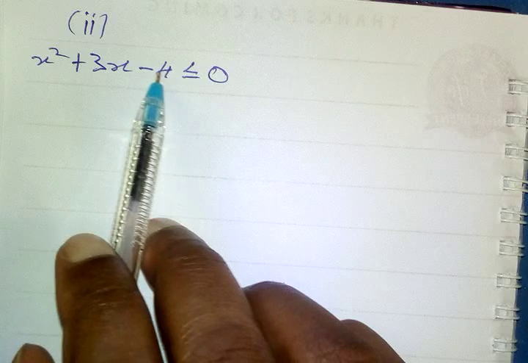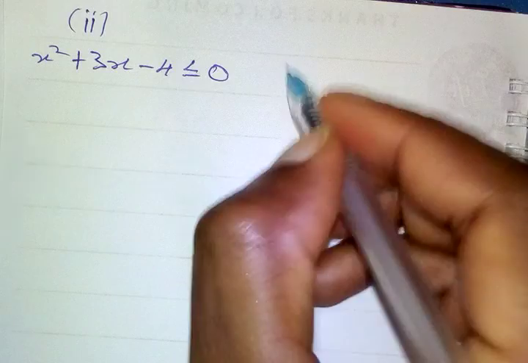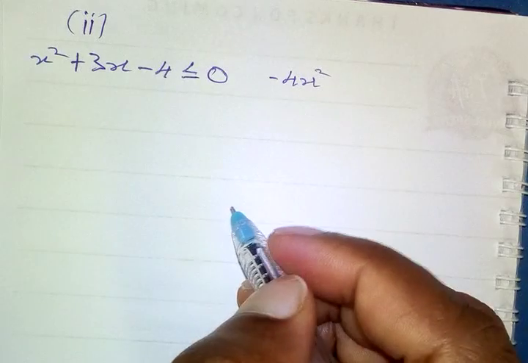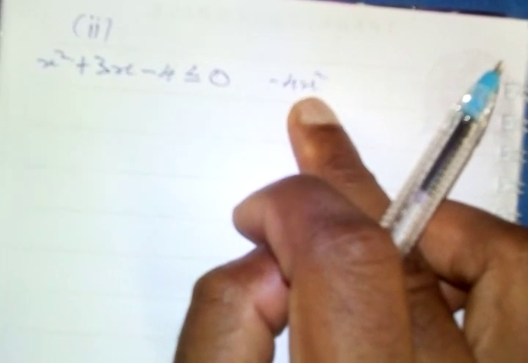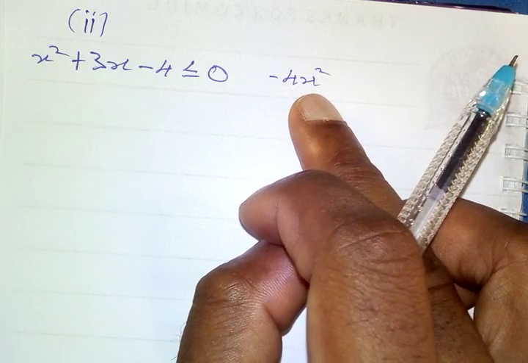To do that, I will multiply the first term and the last term, and that will give me negative 4x squared. And I will look for the factors of negative 4x squared such that when I add them together, it will give me the middle term.